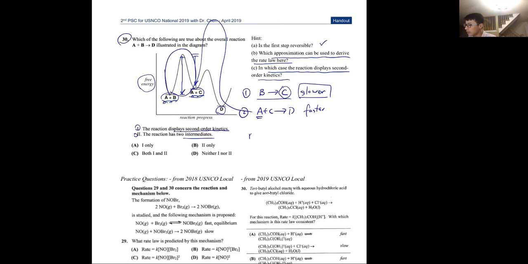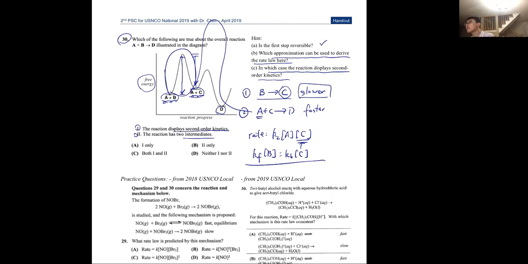Then you will see the rate equals k2 times A times C, and the concentration of C will be expressed by this. Then you substitute C into the first one, and you get the second order reaction.